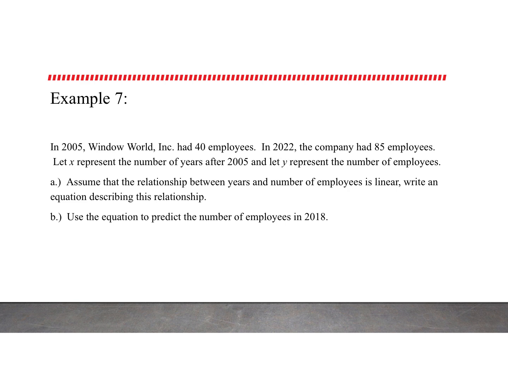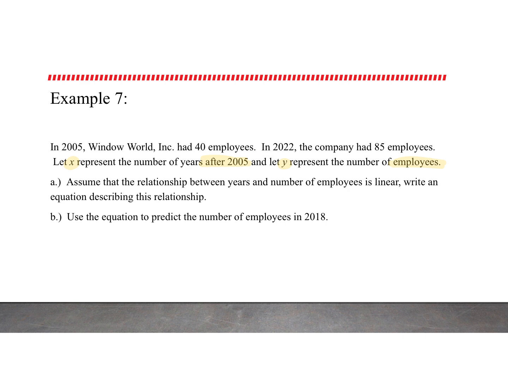So if we need to write an equation, we need to see if we've got some ordered pairs in here. If we go back to the wording of the problem, it tells you what to use for x and what to use for y. So x is the number of years after 2005, and y is going to represent the number of employees.